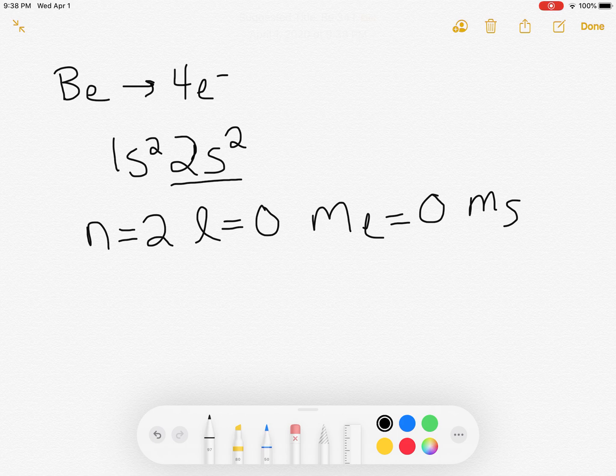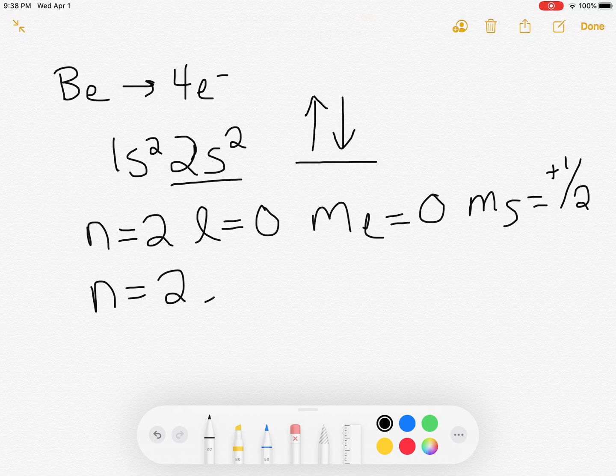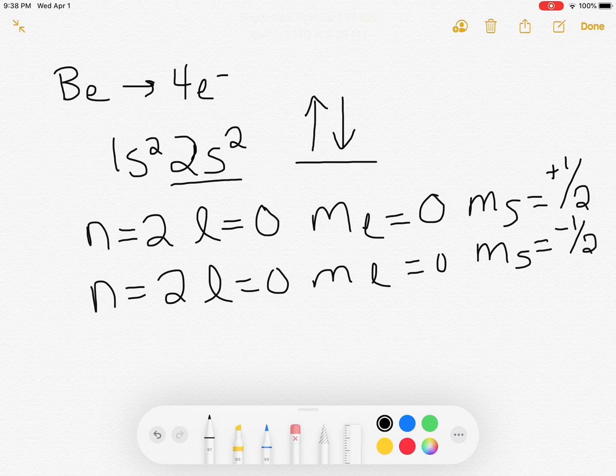And then our ms value, so we're going to rewrite this as a line to show the orbital. 1 electron going up, 1 going down. So one of our electrons is going to have a positive half. The other electron is actually going to have the exact same quantum numbers, except the ms value is going to be a negative half.